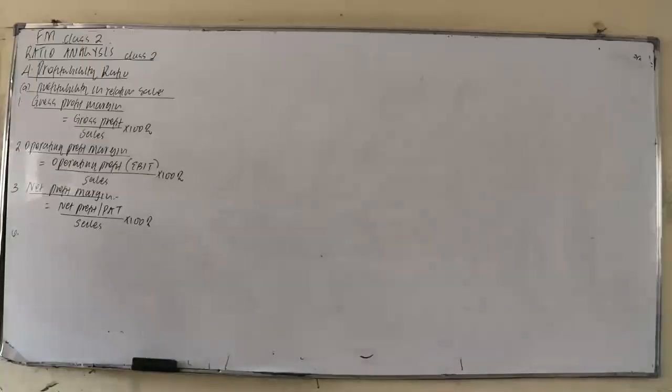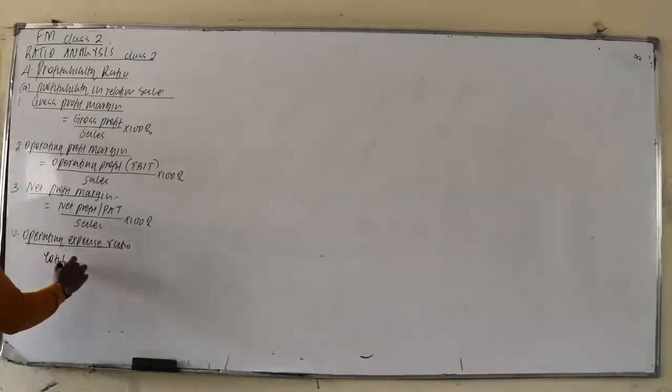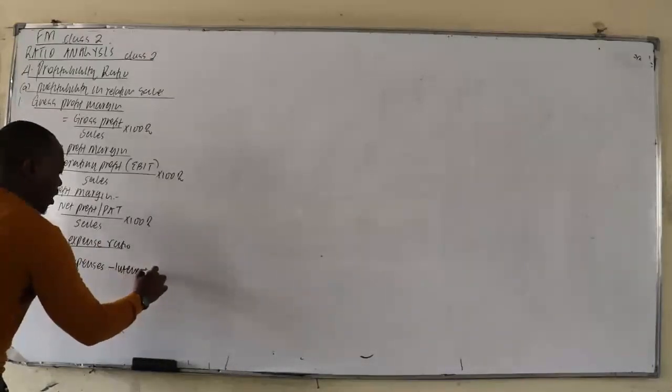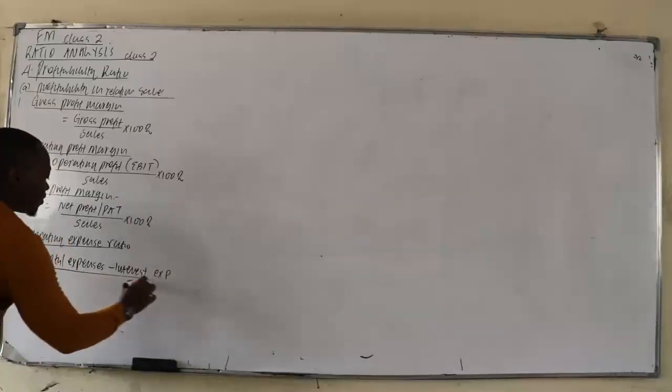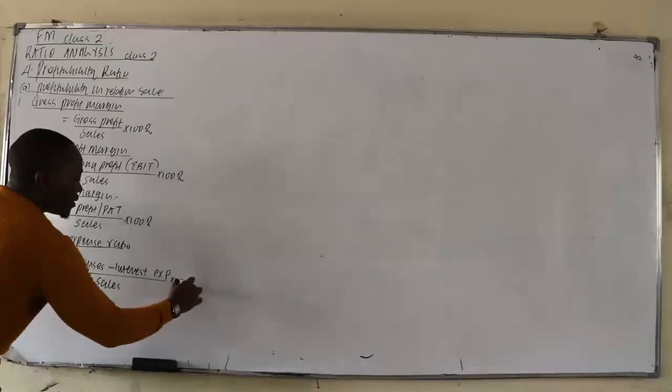The next one is the operating expense ratio. So how do you get the operating expense ratio? You take the total expenses, you minus the interest expense, which you divide by the sales times 100%.